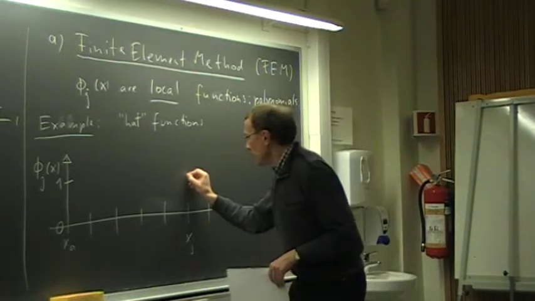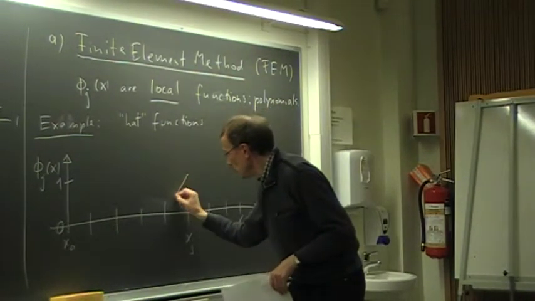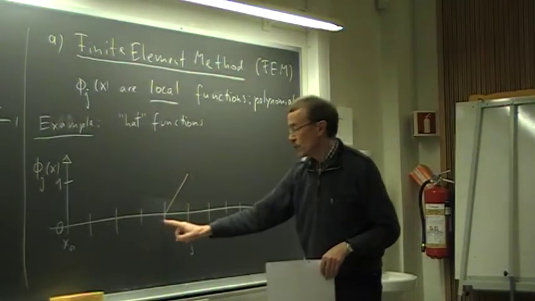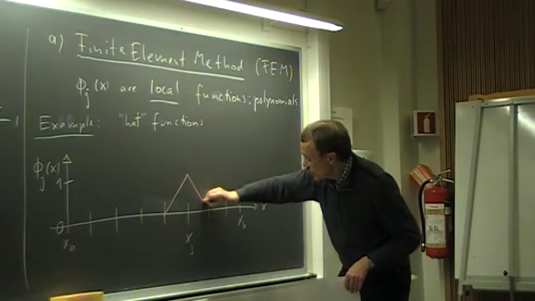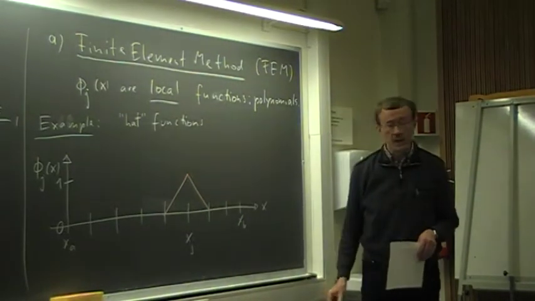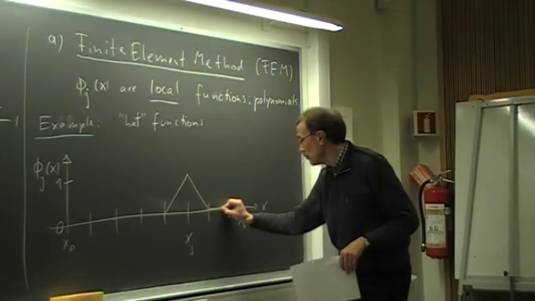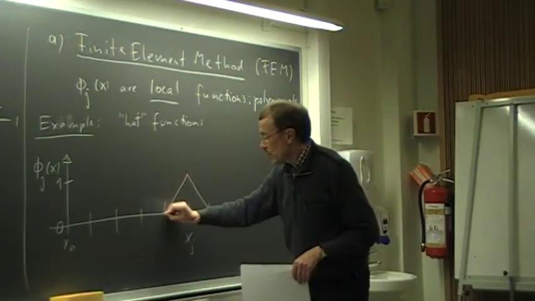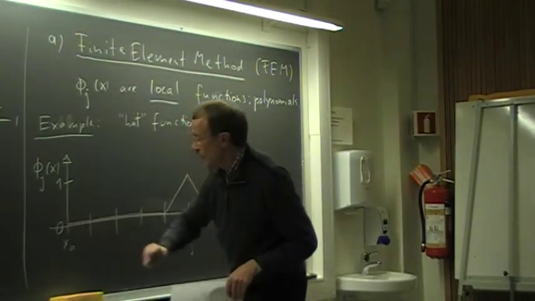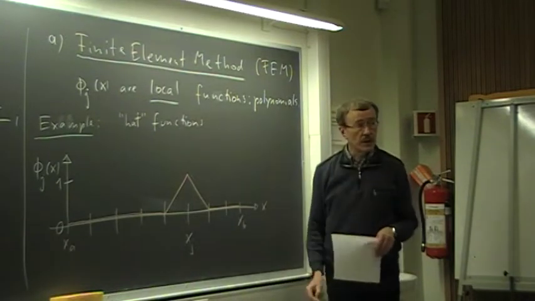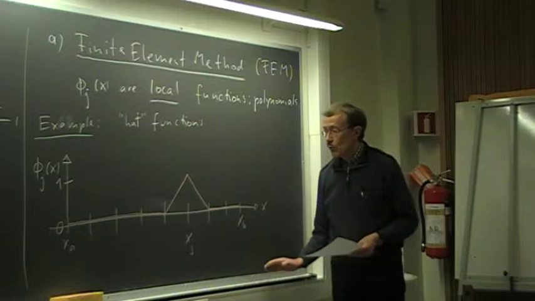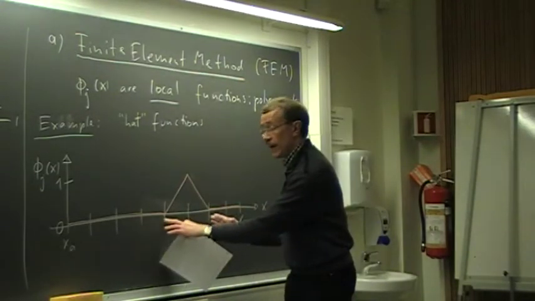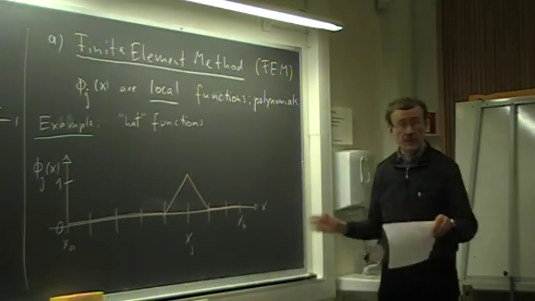And then it is linear, it's a polynomial, it goes down to xj minus 1, where it is 0, and to xj plus 1 it goes down to 0. And it is 0 all the way through to xb and to xa. So the red one here, that is the hat function. It is only locally defined to be non-zero, otherwise it's 0.